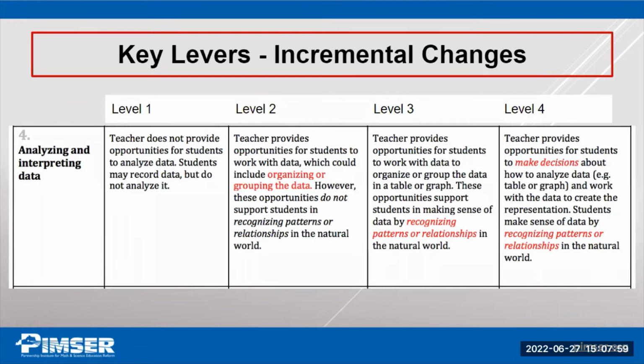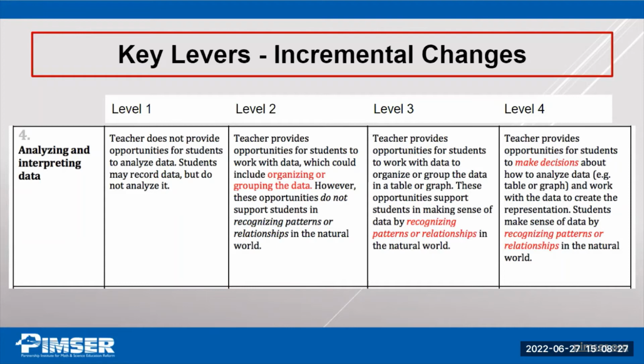At level 3, there's an opportunity to either organize or group data, and students are supported in recognizing patterns and relationships in the information. At level 4, the teacher provides opportunities for students to make decisions about how to analyze and display data, and then they get to work with the data to create the representation. Again, they look for patterns or relationships in the data.